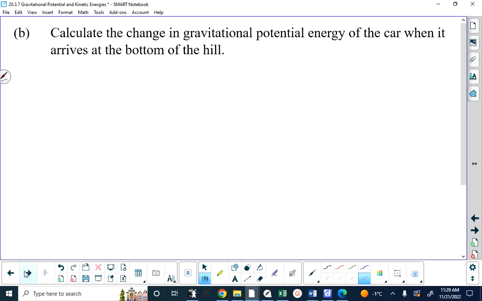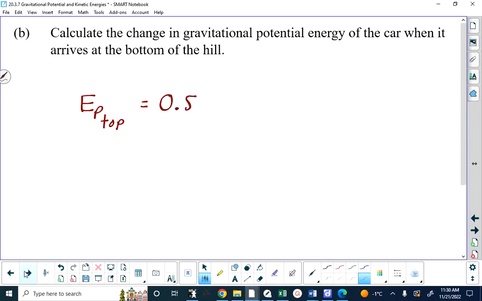What is the change in gravitational potential energy when it arrives at the bottom of the hill? Well, there's a couple of ways we could do this. We know that at the top of the hill, the potential energy was 0.5.